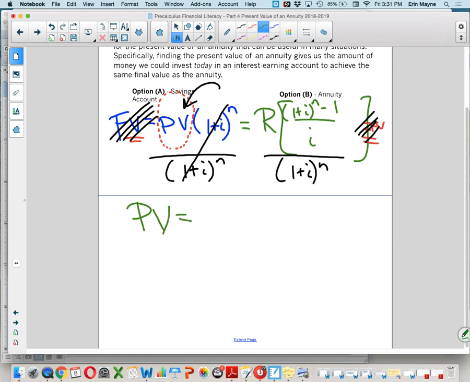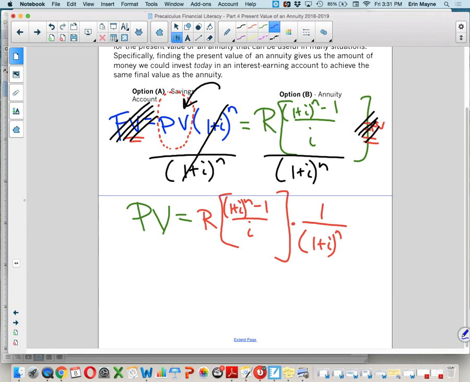But as you can see on this right-hand side, the formula is a little messy. So what we're about to do in the next 4 to 5 lines is clean up this formula. We're going to do that by first rewriting the denominator. So I'm going to drop what's in green down here in red. And then instead of dividing by 1 plus i to the n, I'm going to multiply by the reciprocal.